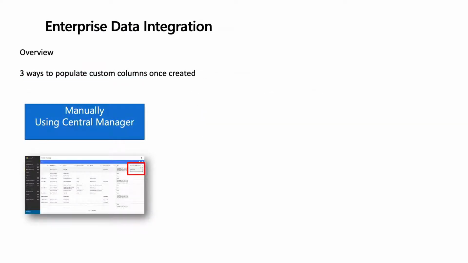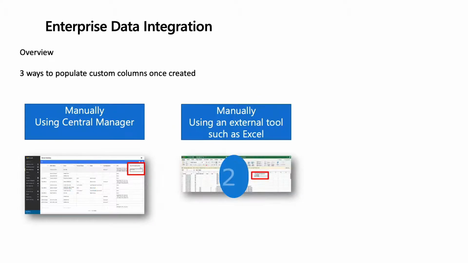There are three ways to populate your custom columns once you have them created. The first way we'll look at is doing this manually. This is pretty much what you would imagine. You go into each cell and you add your data into your custom column. And this will be done within the central manager itself. Another option is to export the asset inventory data and then edit it in another tool such as Excel and then re-import it.